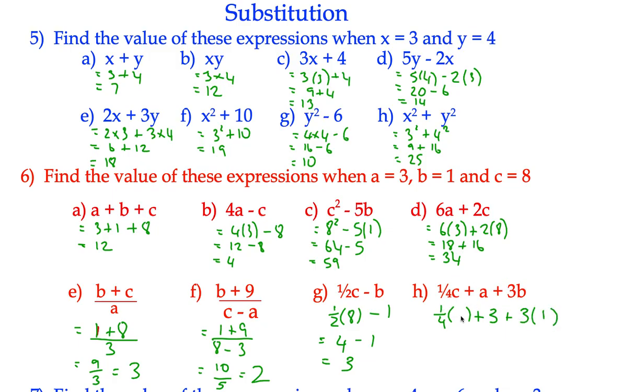A quarter of C, sorry, is 8. So I've got my different letters that I'm swapping in there. A quarter of 8. 8 divided by 4 is 2. I'm adding 3, and 3 lots of 1 is 3. So that's me got my values sorted out. 2 add 3 is 5, add 3 is 8. So my answer there is 8.